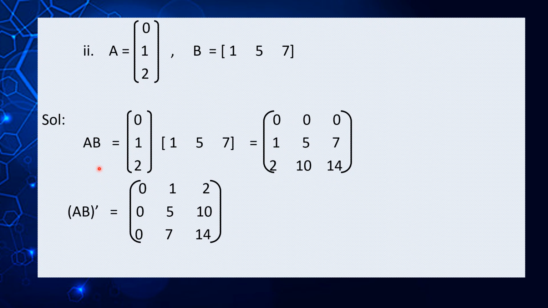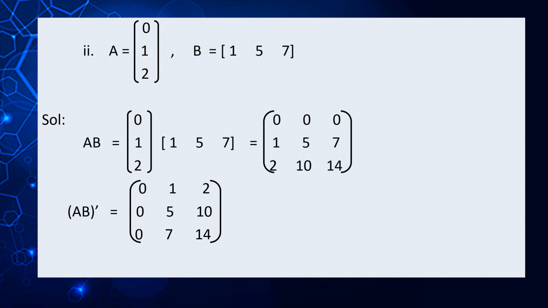First, consider AB is equal to 0 1 2 into 1 5 7, which is equal to 0 into 1 0, 0 into 5 0, 0 into 7 0, 1 into 1 1, 1 into 5 5, 1 into 7 7, 2 into 1 2, 2 into 5 10, 2 into 7 14. So this would be the matrix AB. Now we will find AB the whole transpose. So the transpose of this matrix, that would be 0 1 2 0 5 10 0 7 14. So we have found the LHS.